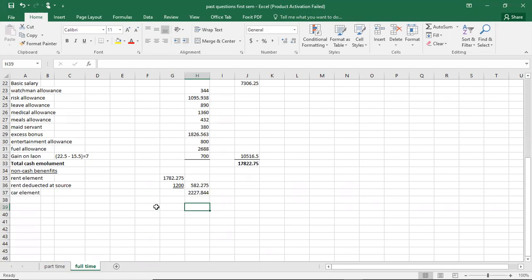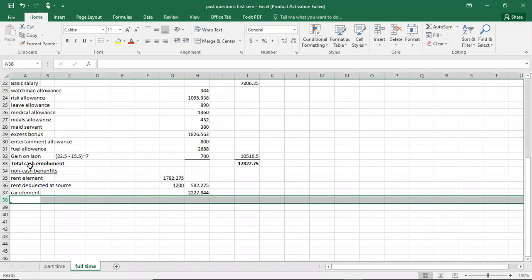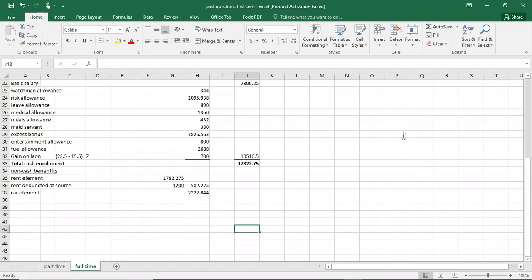Assuming it is 8,000, you put the 8,000 here. Then you write here restricted to, then you put the 7,200 over here. So once it is more than 7,200, don't worry, put the figure down and just below it write restricted to, and then put the 7,200 down. There you go.